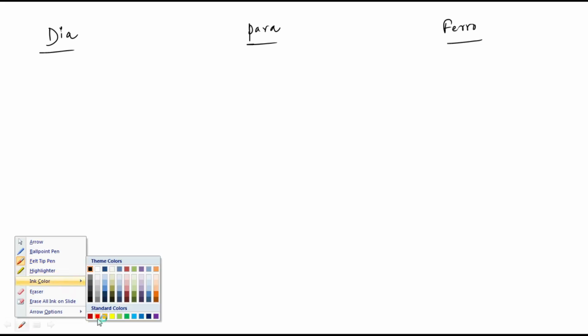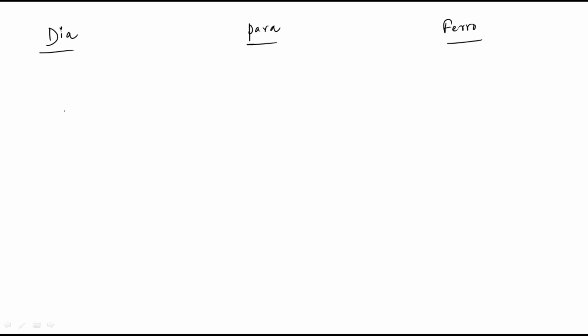And the next difference is flux density.